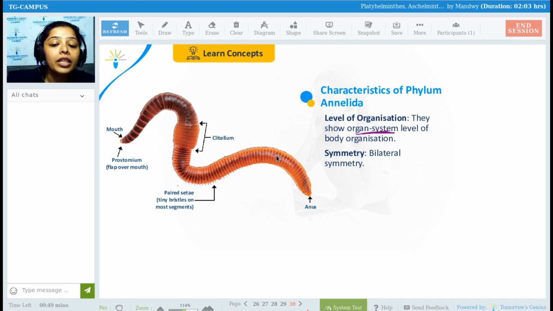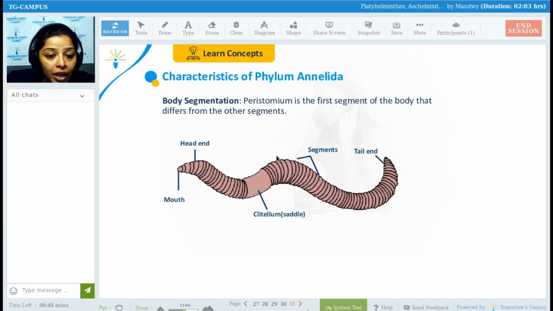Clear? They have a bilateral symmetry. If you cut the body through the central axis in a single plane, you will find only two equal halves. So it is bilateral symmetry.